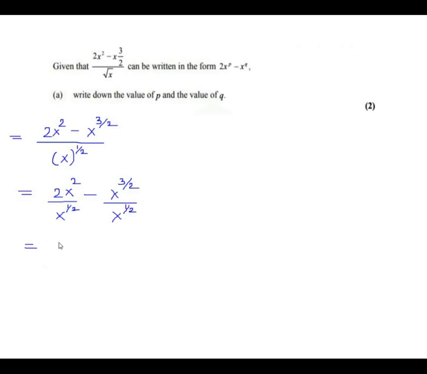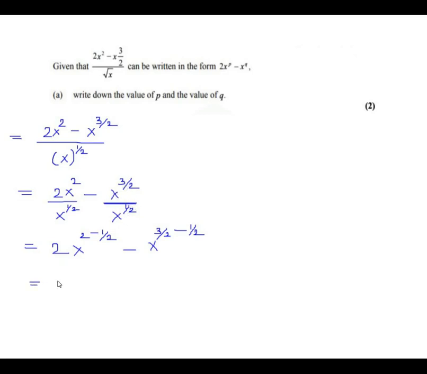Now using the laws of indices, I know that these two are having the same bases, x and x, and there is a division. So I can write 2 minus half. Here the powers get subtracted. Minus x 3 over 2 minus half. Because again the bases are same, x and x, and there is a division. Therefore the powers will get subtracted.